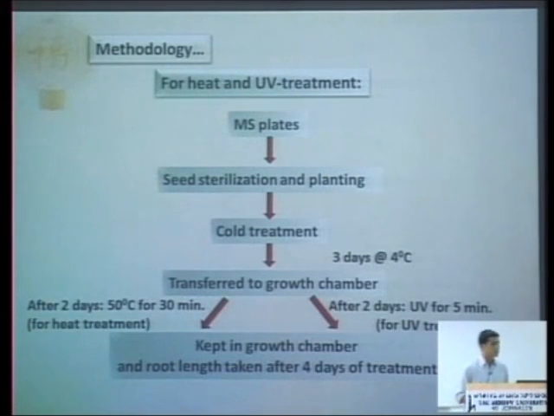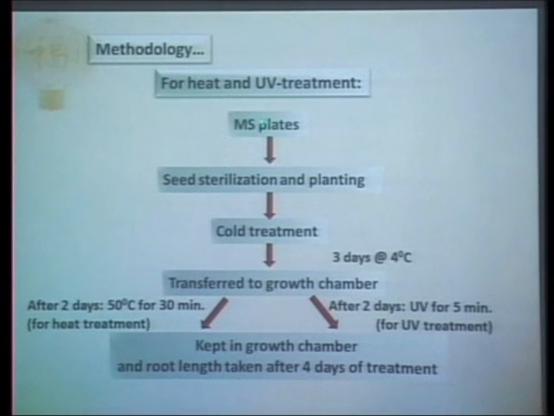For studying the effect of heat and UV treatment, the seeds were planted in MS plates not supplemented with any chemicals that induce stress, just the MS medium. Then, as I did earlier, the cold treatment was given for 3 days and they were transferred to the growth chamber. Immediately after germination of the seeds, we imposed the heat treatment, which was 50 degrees centigrade for 30 minutes.